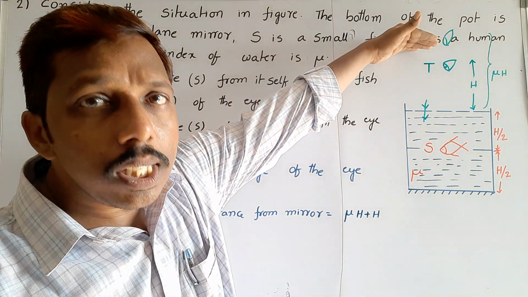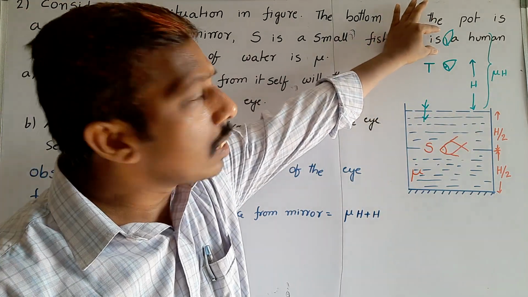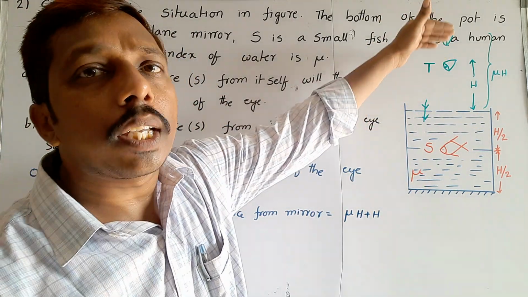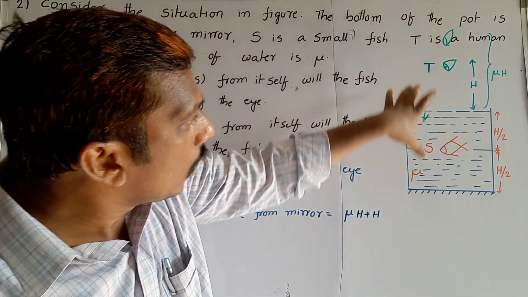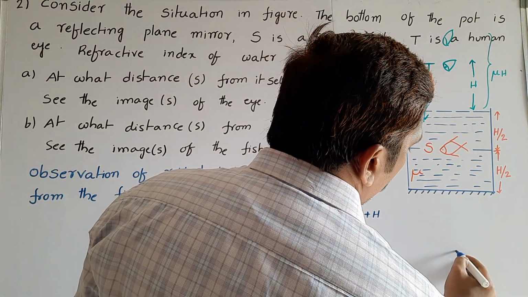So this image acts as an object for the mirror. From the water surface the object appears at a distance of mu h. So that's why this is mu h plus h. That's why the image is formed inside the water.